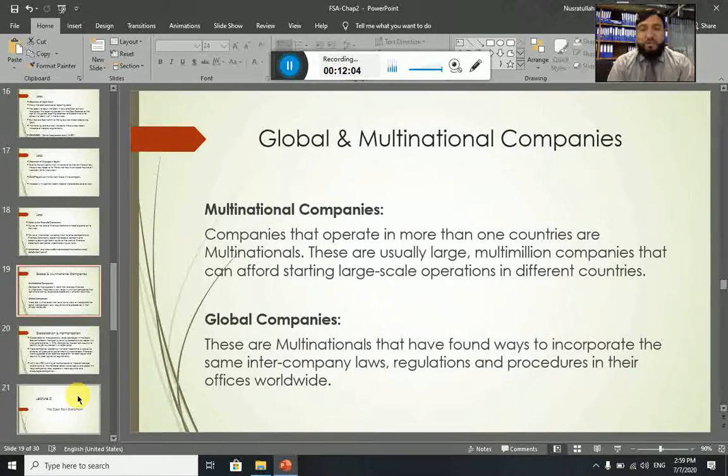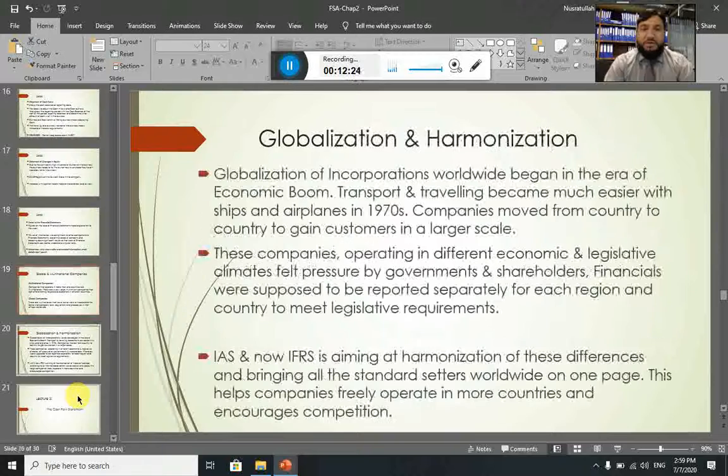They have their own rules and regulations which are accepted worldwide by all the companies. So we can say that every global company is a multinational company, but every multinational company is not required or supposed to be a global company, right?